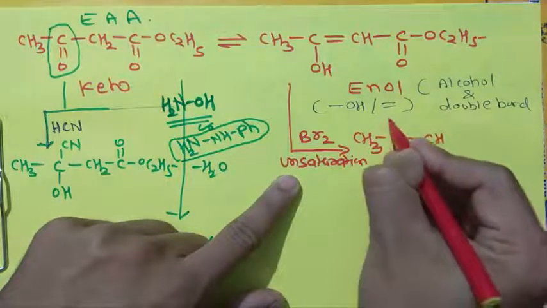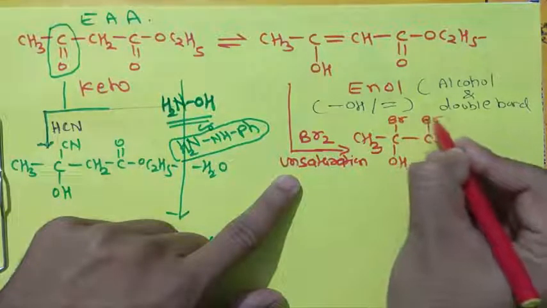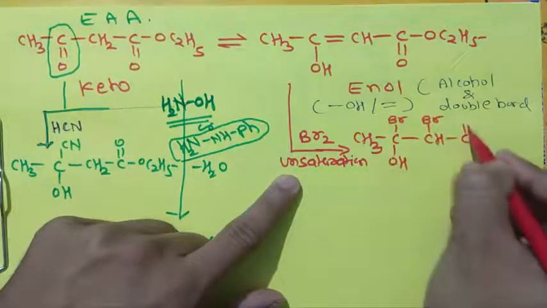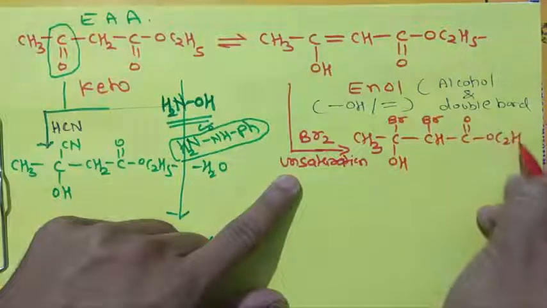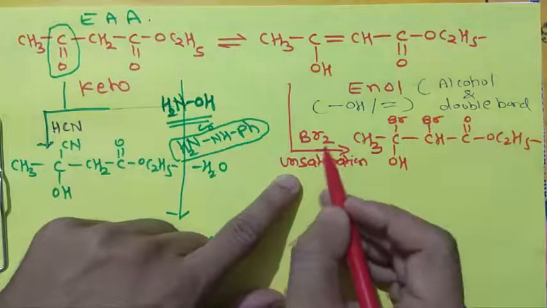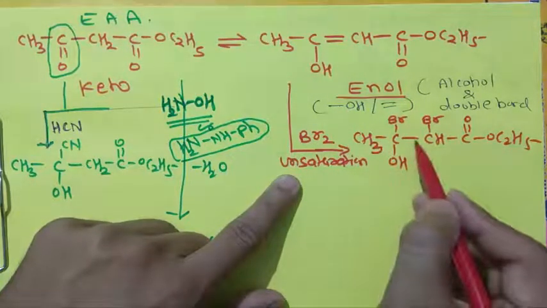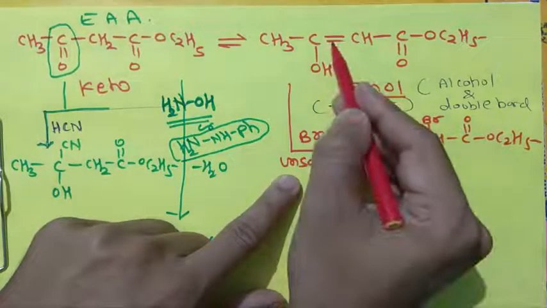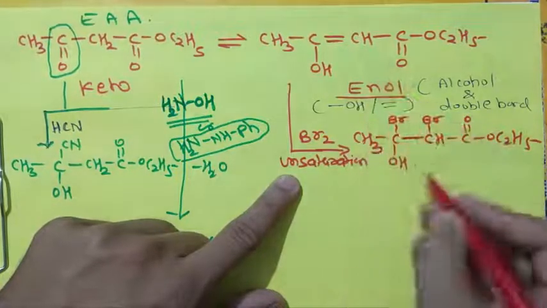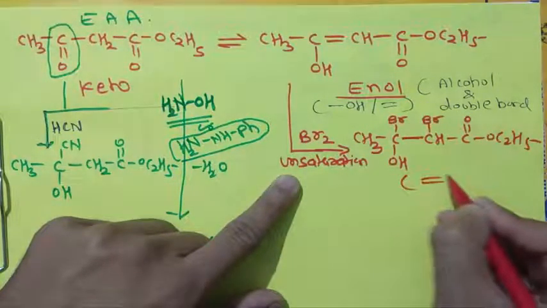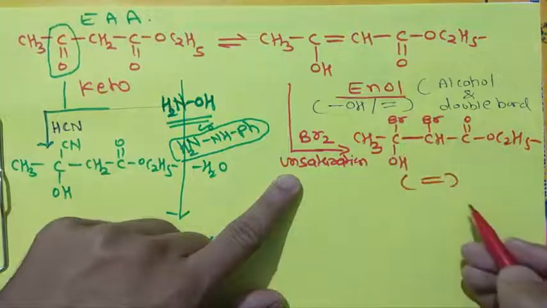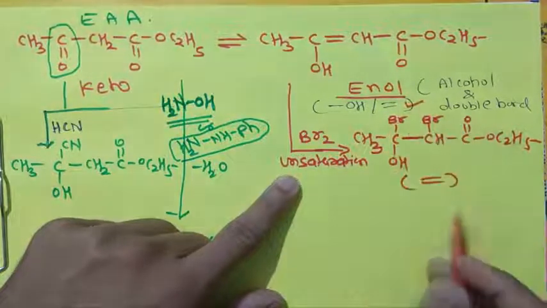Here is the bromine, and here is the bromine, and here C double bond O, C2H5. This means when we add bromine molecule to the enol, the bromine adds to the carbon-carbon double bond, which indicates that the double bond is present in the enol form.